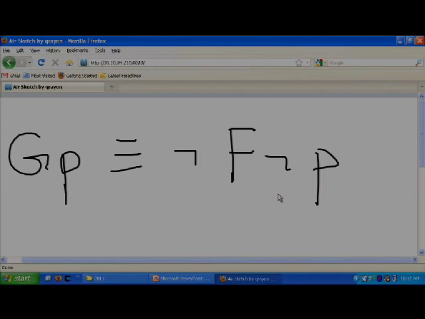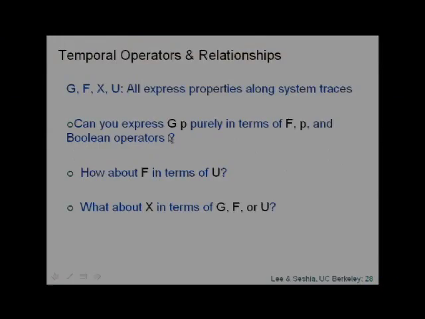Okay, this is a slightly trickier one. Can you express F in terms of until? And again, you can use any Boolean operators you want. So the question here is, can I write F of P using some expression involving until P and any number of Boolean operators?